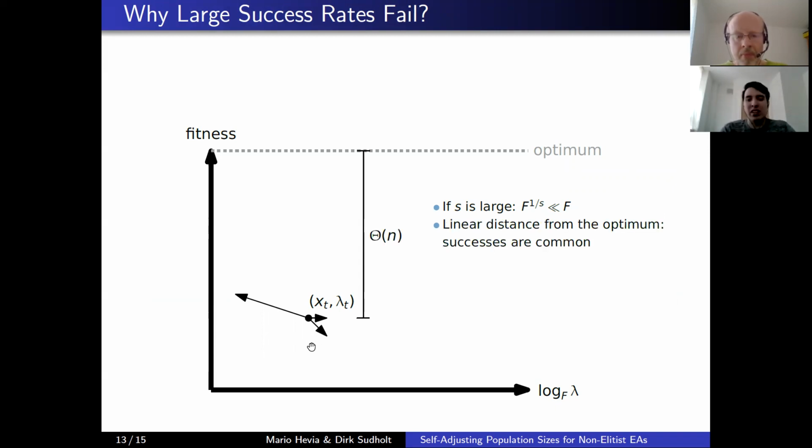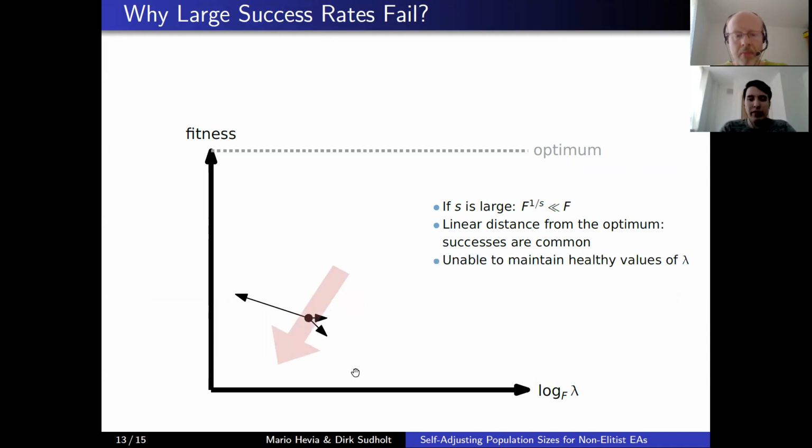Everything together, it gets worse when you are at a linear distance from the optimum, because successes are really common. Therefore, lambda will be decreased really often during the optimization. And this makes the algorithm unable to maintain a healthy value of lambda. And there is a negative drift away from the optimum at these points.